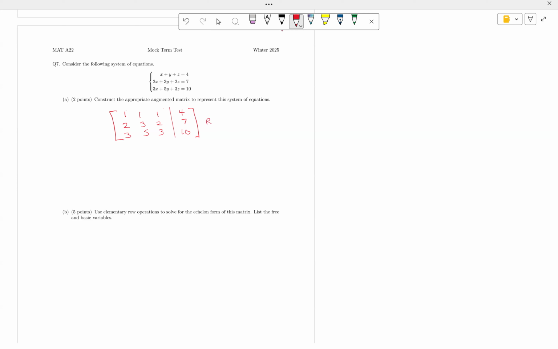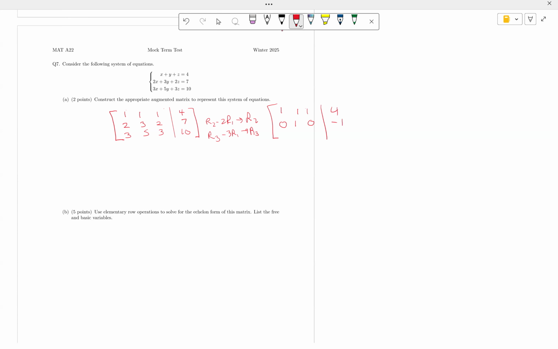So R2 minus 2R1 replacing R2, and R3 minus 3R1 replacing R3 gives the matrix. The first row doesn't get touched, 1, 1, 1, 4. The second row becomes 0, 1, 0, minus 1.